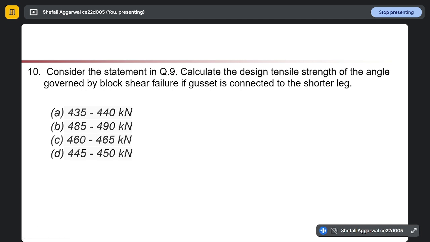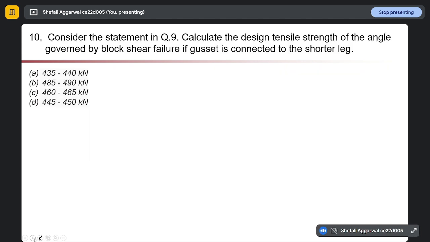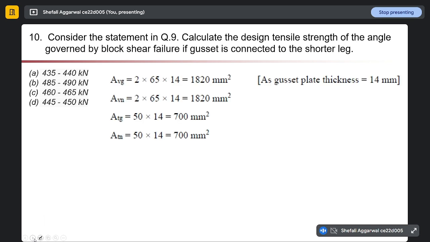Consider the statement in question 9, the question we have done previously. Now we have to calculate the design tensile strength of the angle governed by block shear failure if the gusset is connected to the shorter leg. So all conditions are the same. We have to calculate the design strength governed by block shear failure.